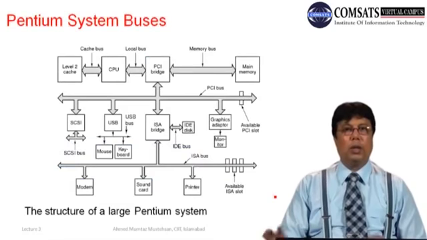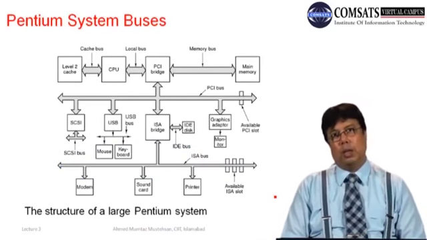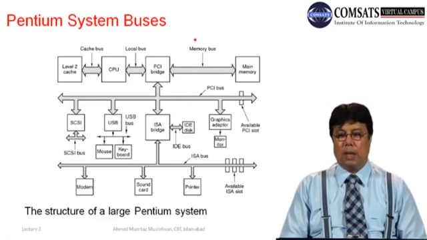So in today's modern technology, if we would like to see the structure of a large Pentium system of modern technology, you could see different buses here. There is the old traditional bus, this one, which was called the ISA bus.